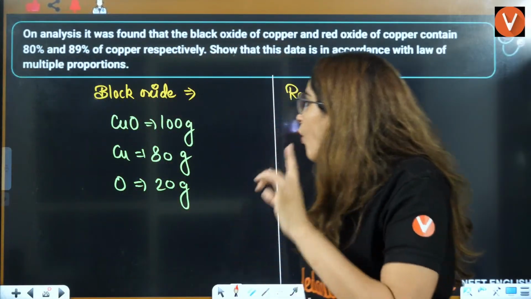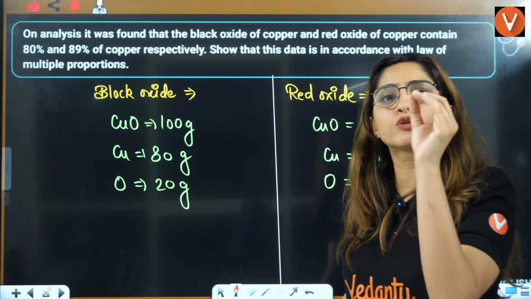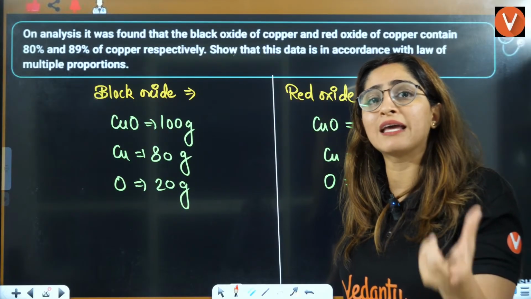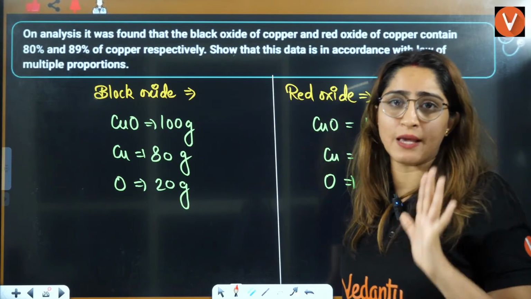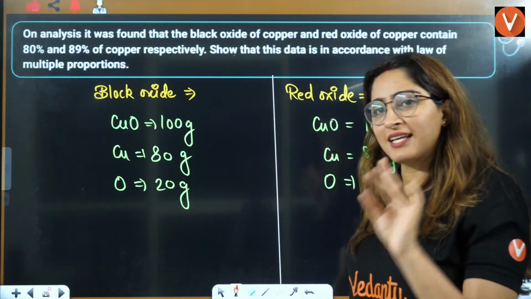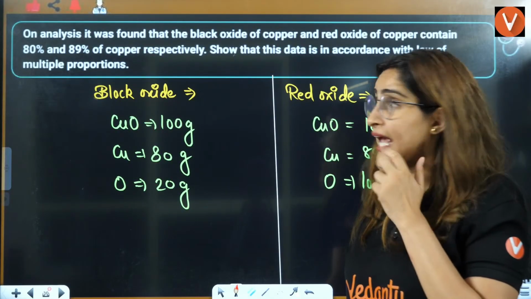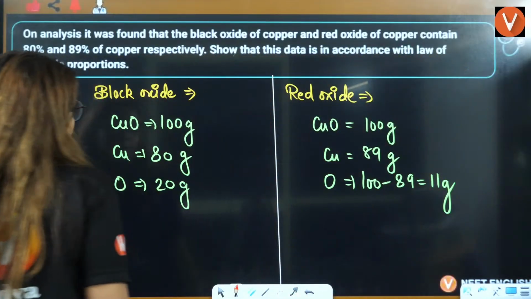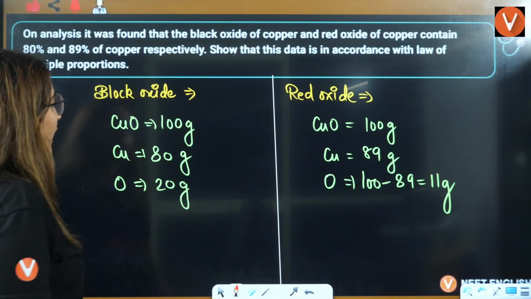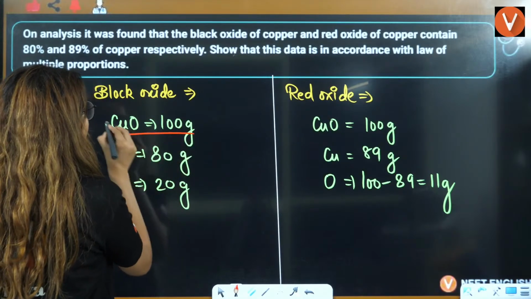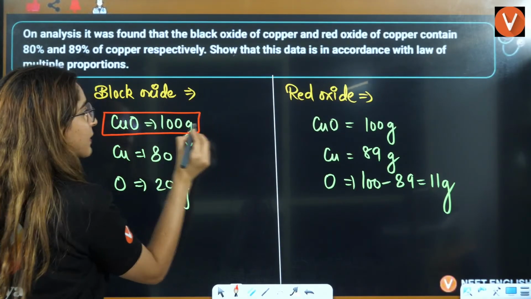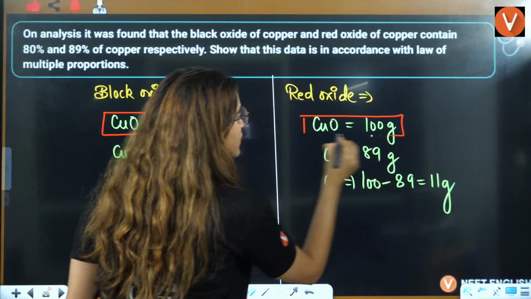See, if I want to tell that this is in accordance with definite proportion, I will say that the percentage of oxygen should be the same. In this case, I will say that the percentage of oxygen has to be different. Can you see that here? In the same amount, 100 gram, the percentage of oxygen is different.